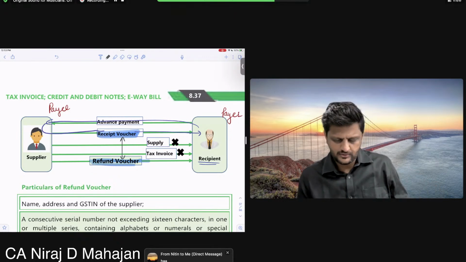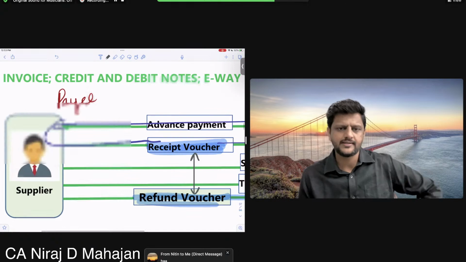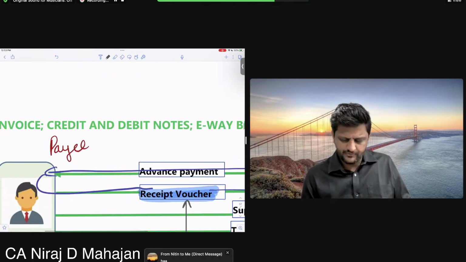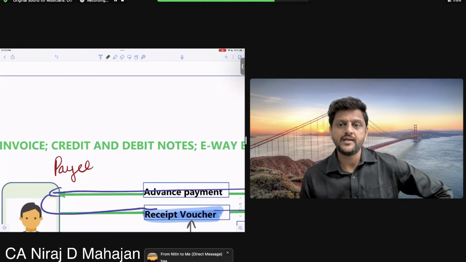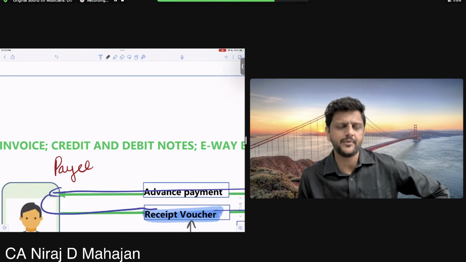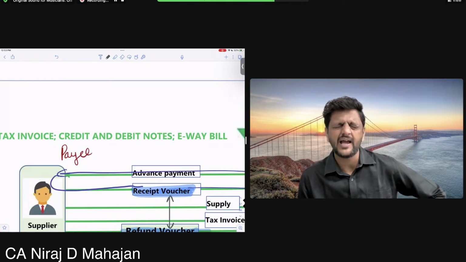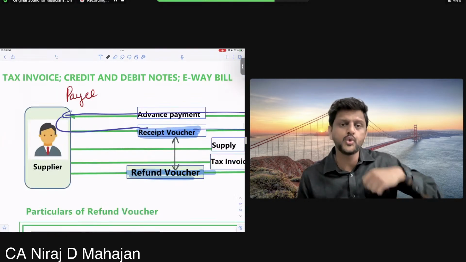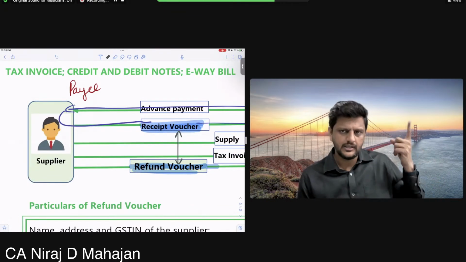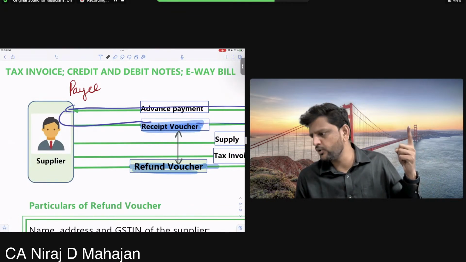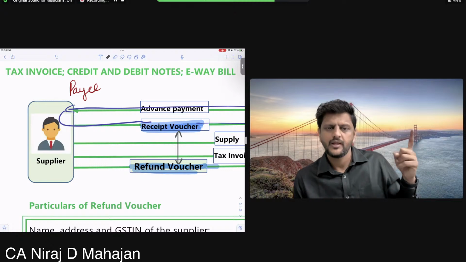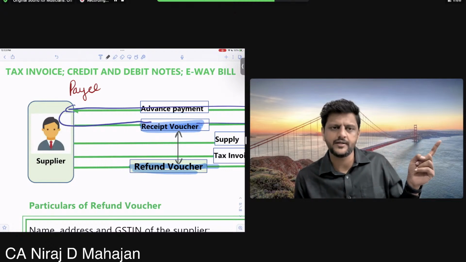Means what? Means if at all, I'll repeat, if originally the supplier had paid tax on the advance amount received, then when he issues a refund voucher, the original transaction will get cancelled. हाँ या ना?